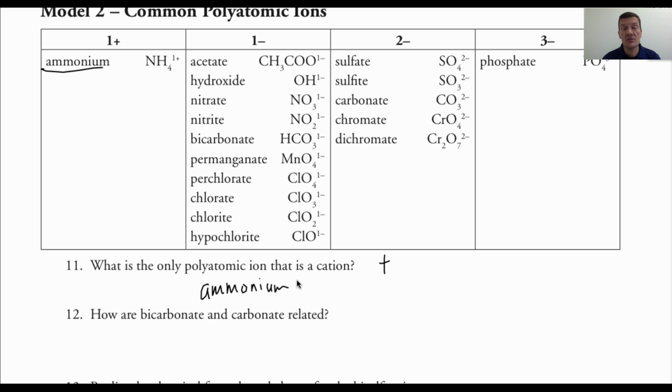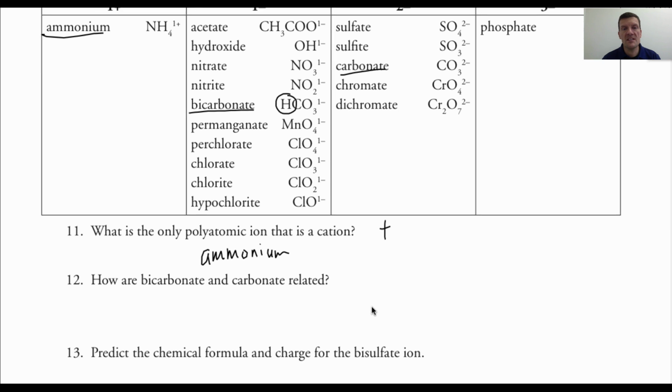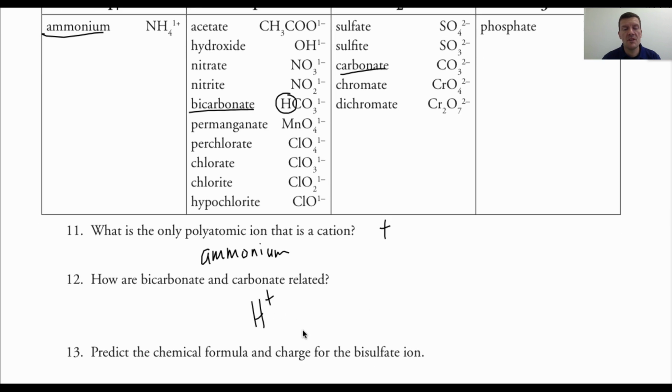So let's find those two. Here's bicarbonate. Here's carbonate. The difference is they both have a CO3, but this one has the H there. And H as an ion would be a plus.